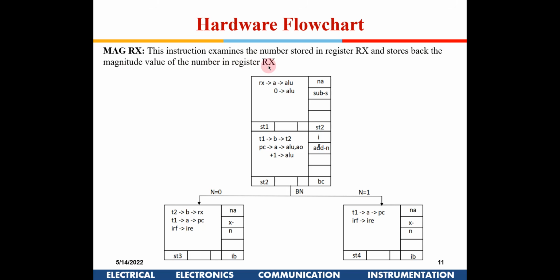That means we have to examine what is there in Rx, whether it is a positive or a negative number. If it is a positive number, we leave it as it is, and if it is a negative number, then we have to change the sign of the register and pick only the magnitude.